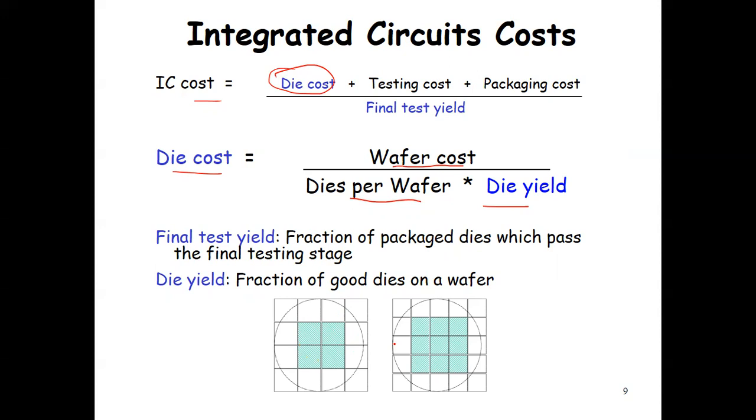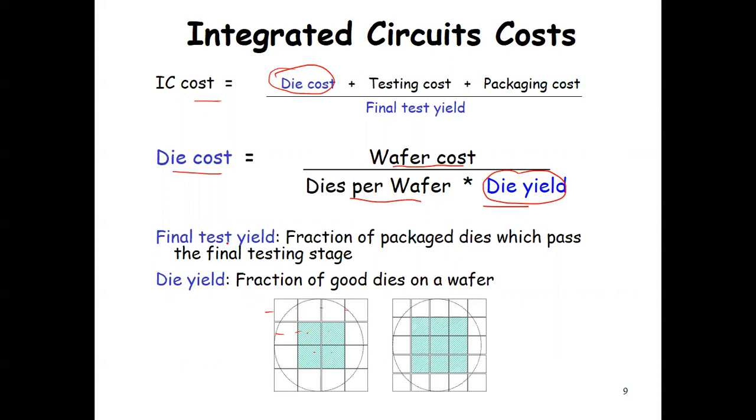Only a few dies will come out successfully. Whichever part comes out successful is called the die yield, right? So the green portion represents the dies on the wafer which come out successfully.